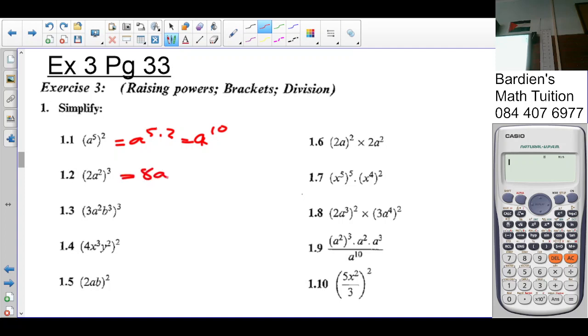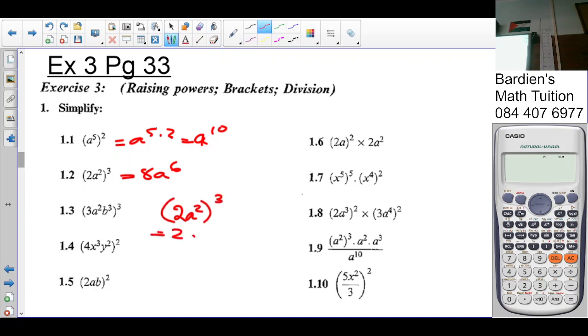Next. 8 to the power 8. Nice. Who got that wrong? What do you have? 6. Nice. Who got 8 to the power 6? You're all wrong, she's right. Well done to her. The reason is this: we've got 2a squared raised to the power 3.